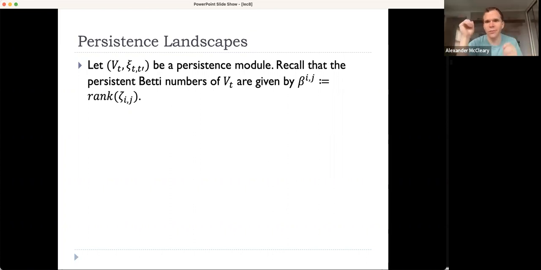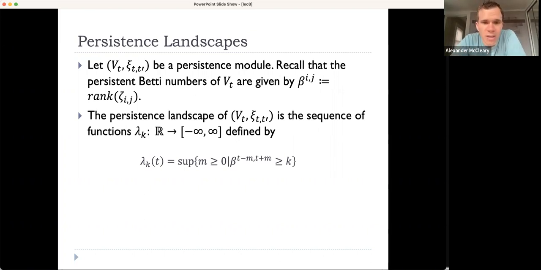We have a vector space V_t for each t in the real line, and we also have maps: if t is less than or equal to t', we have a linear map from V_t to V_t'. The persistent Betti numbers are just the ranks of those maps. So if I have points i and j with i less than or equal to j, the persistent Betti number beta_ij is the rank of the map from V_i to V_j.